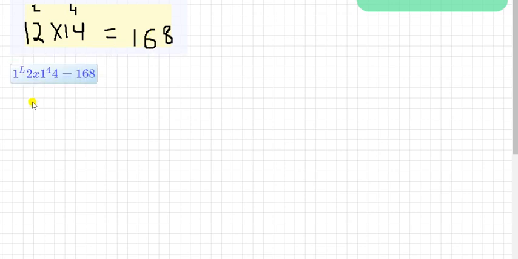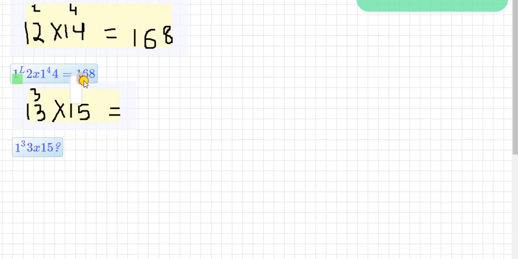Like this you can take any number nearest to 10 and multiply. So that is 13 into 15. First 13 minus 10 is plus 3 and 15 minus 10 is plus 5.